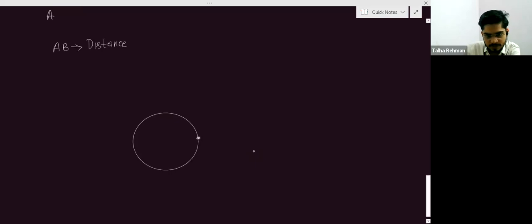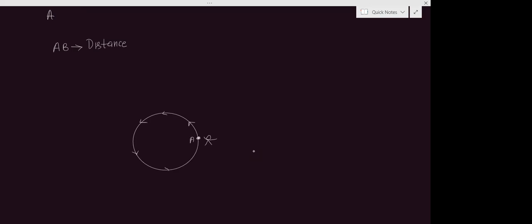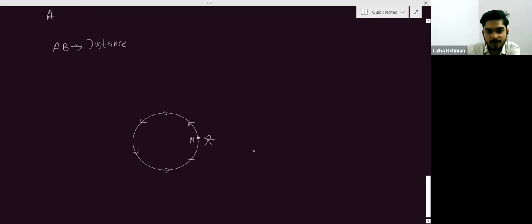Suppose this person is here initially at point A, and this person is moving and moving along the circular path, and finally this person is again at point A. So in this case, the distance traveled by the person will be the perimeter of this circle.